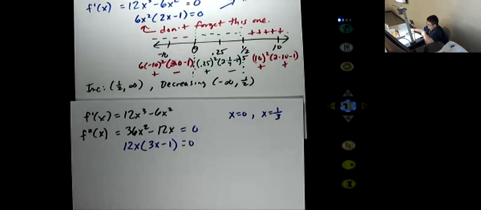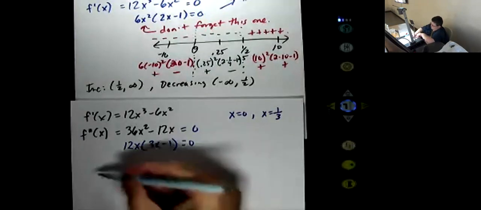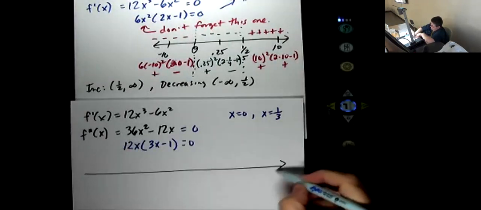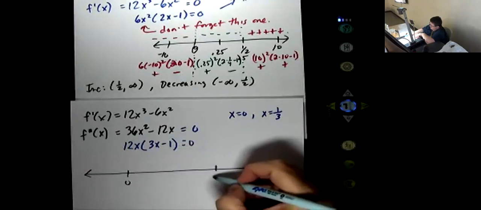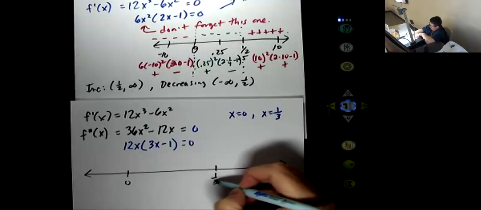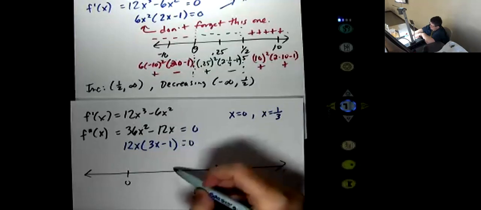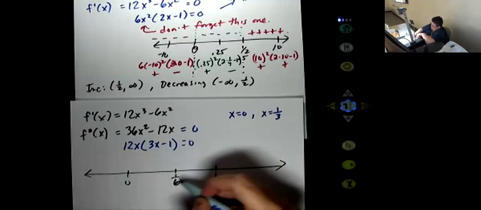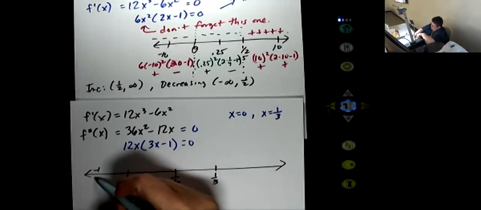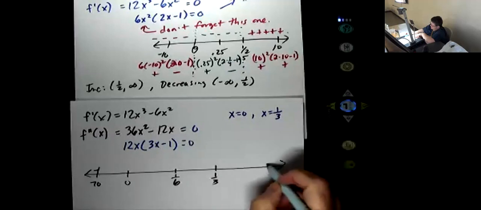Do our little sign chart. Getting even a smaller window here, aren't we? Halfway between 1/3 and 0 is 1/6. And we can do negative 10 again, and positive 10.